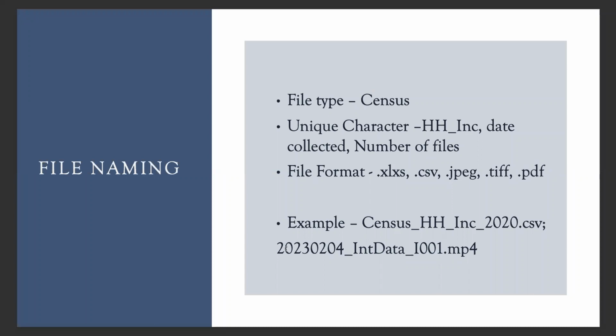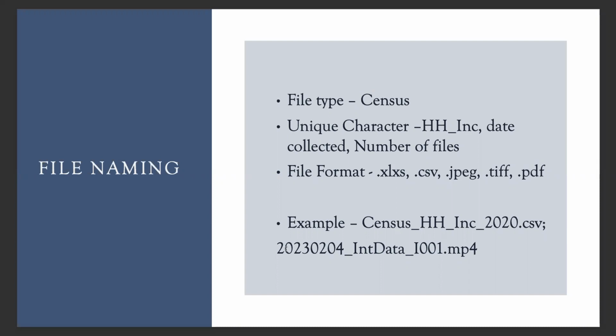So here I put HH Inc., like household income. You may also put the date collected. So either date collected or what year of household income is it representing? So whichever you feel is most relevant for your data storage, you give that name.